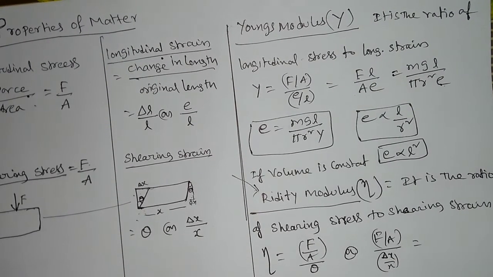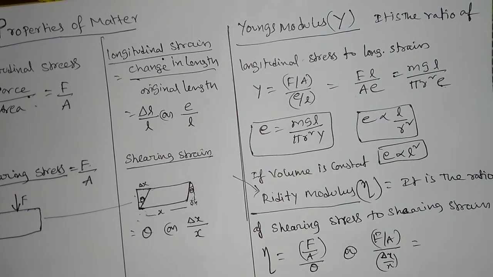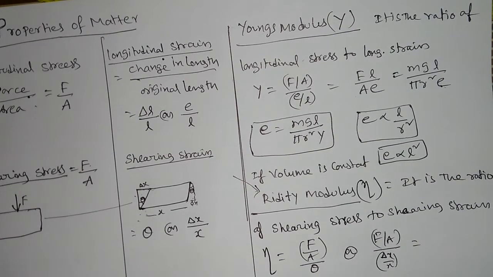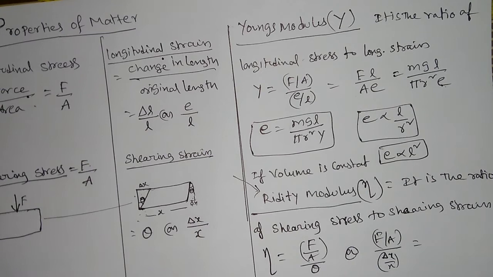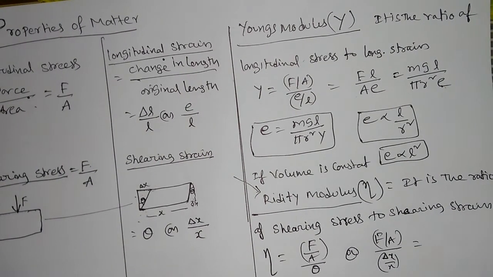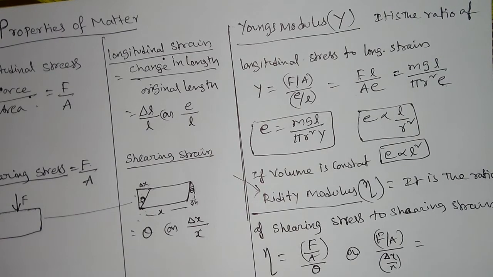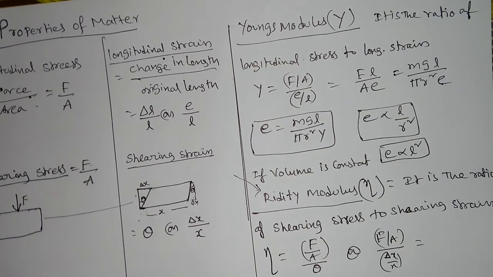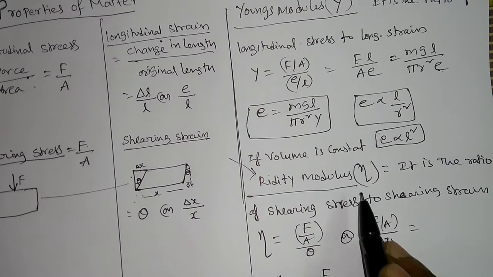Simply eta is equal to F by A theta, or Fx by A into delta x, depending on the situation. So this is about the rigidity modulus represented by the eta symbol.